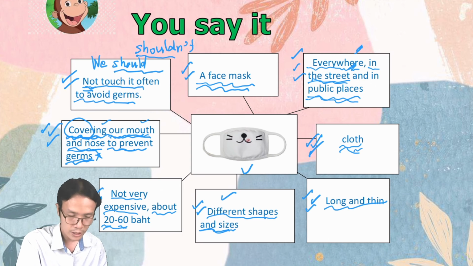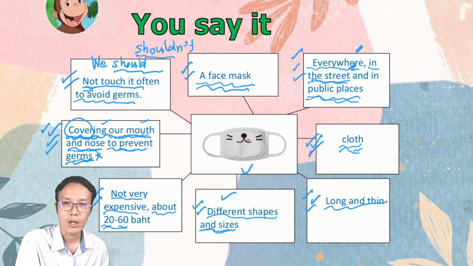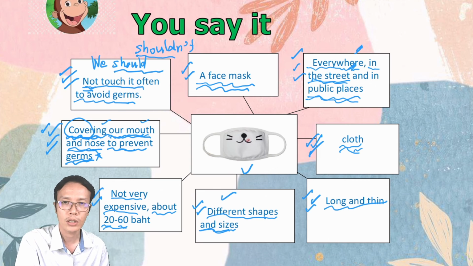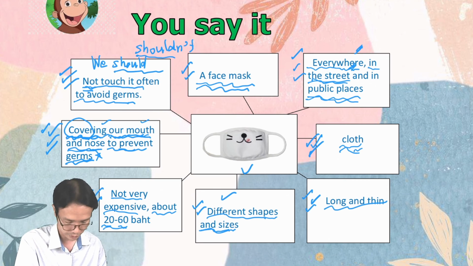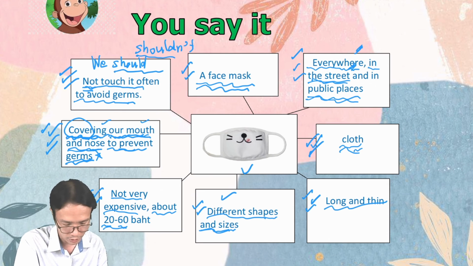It's not very expensive, about 20 to 60 baht. We use it for covering our mouth and nose to prevent germs. We shouldn't touch it often to avoid germs. Okay? Easy. Thank you. Very good.